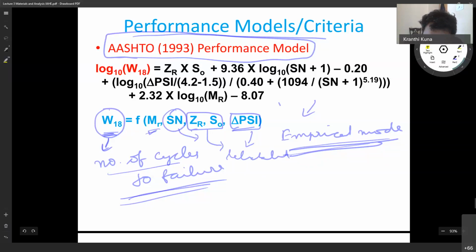This is the resilient modulus of subgrade. As you can see, the number of cycles to failure is given as a function of subgrade strength, total thickness, reliability, and performance. Similarly, in our model as well, we have a similar approach, but for example for fatigue, instead of thickness we give the mechanistic parameter.